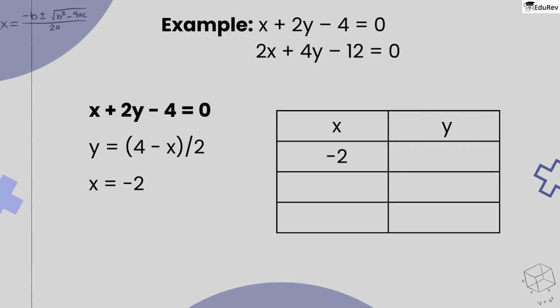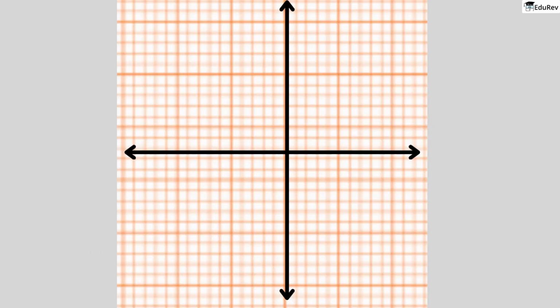For x equals minus 2, we get y equals (4 minus 2) by 2, which is equal to 3. Similarly, for x equals 0 and 2, we get y as 2 and 1 respectively. The coordinates that we obtain are (-2, 3), (0, 2) and (2, 1).